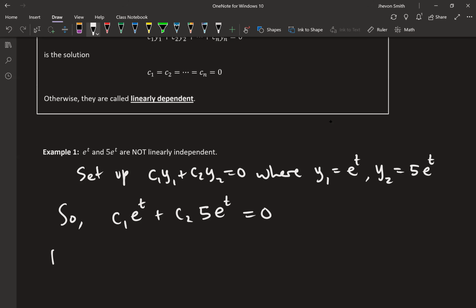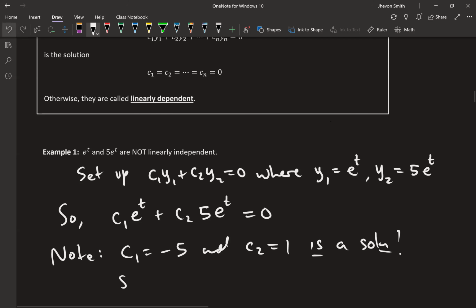Now here's a solution. Note, C1 equals -5 and C2 equals 1 is a solution, right? Since if I take -5 times e to the t, plus 1 times 5e to the t, I get 0.